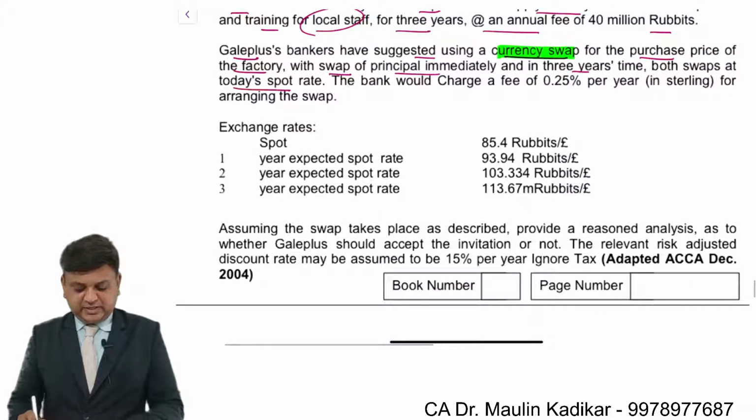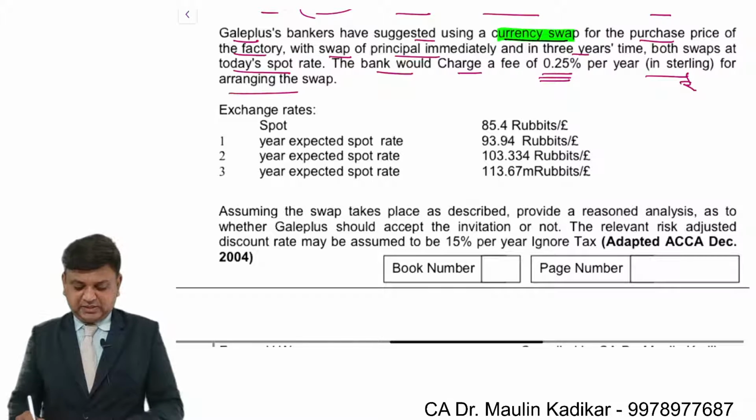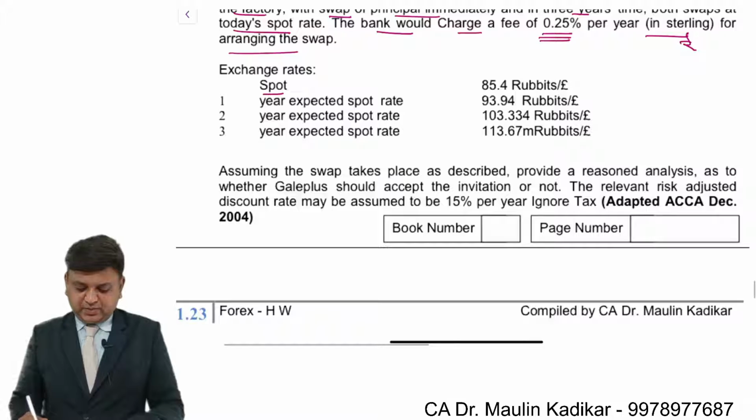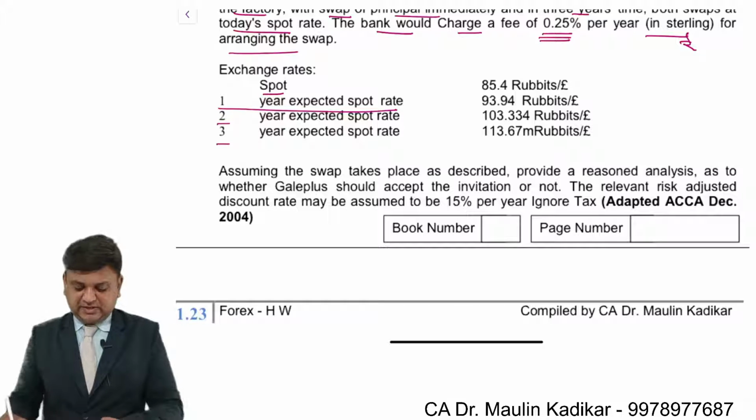Both swaps are at today's spot rate. The bank would charge a fee of 0.25% per year in sterling, that is pounds, for arranging the swap. The spot rate is given, and the expected spot exchange rates after 1, 2 and 3 years.